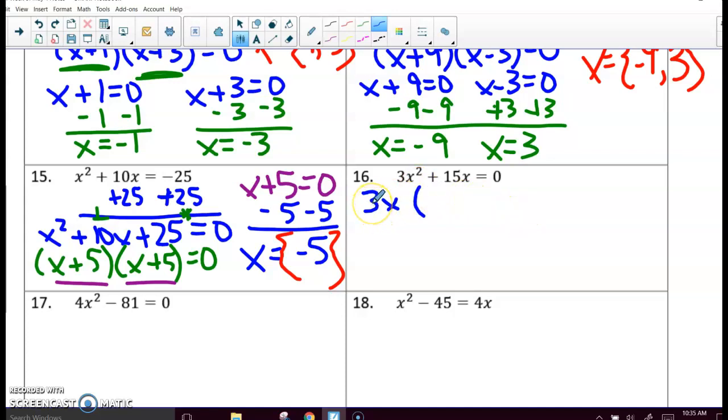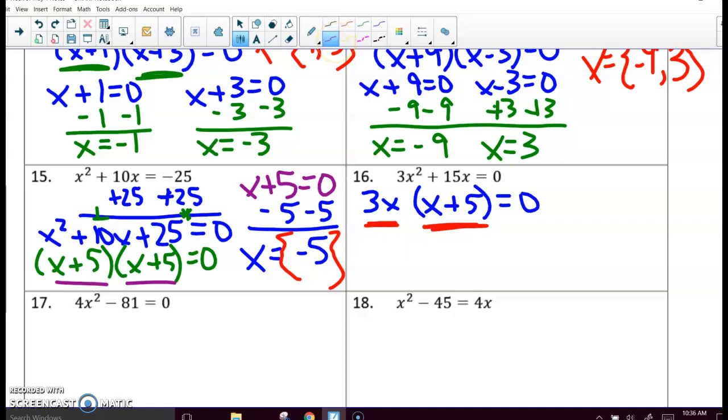What do I multiply by 3x to get 3x squared? X. What do I multiply by 3x to get 15x? Positive 5. My two factors are 3x and x plus 5.